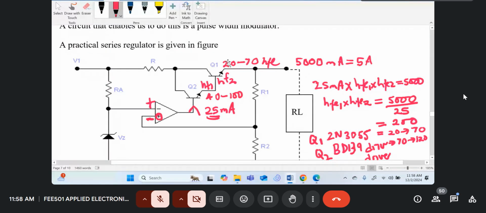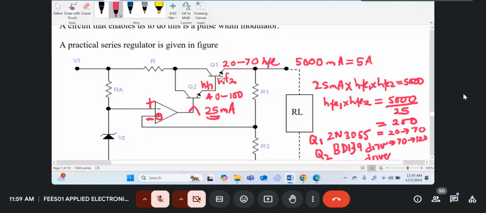With the Darlington pair, if I get a driver like the BD139, whose HFE can range from 40 to 100, and I get a power transistor at the output whose HFE can range from 20 to 70, even if I use the worst case design, HFE of the driver transistor can be taken as 40, HFE of the power transistor can be taken as 20, and 20 times 40 will be 800.